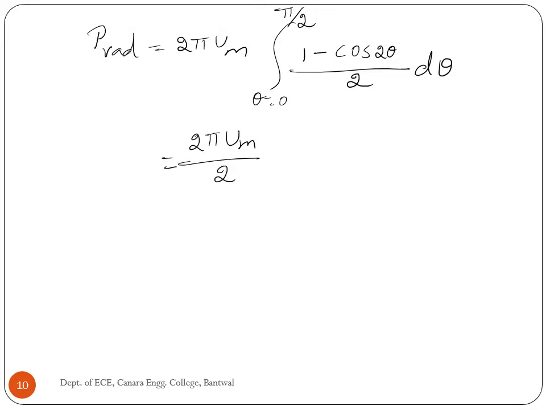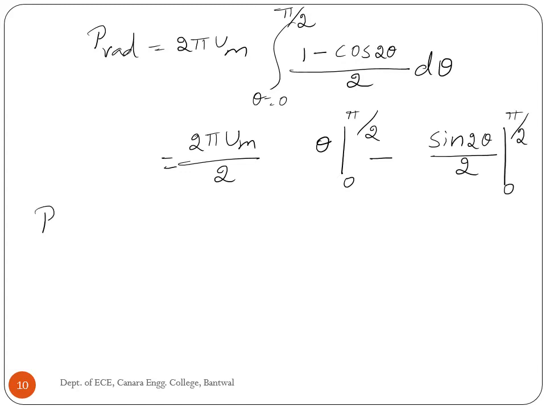For the integration, the integral of 1 is theta, from 0 to pi by 2, minus the integral of cos 2 theta, which is sin 2 theta divided by 2, from 0 to pi by 2.